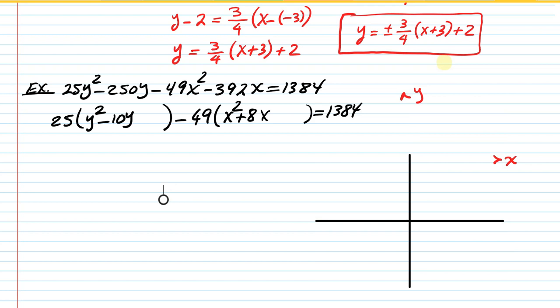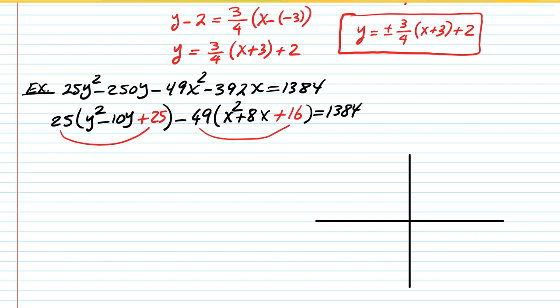All right, next I'm going to complete the square in both x and y. To complete the square, we're going to add half of -10, which is 5 squared, 25. Add half of 8, 4 squared, 16 to the left side. Now, because of the numbers outside parentheses, we've got to be mindful of those.